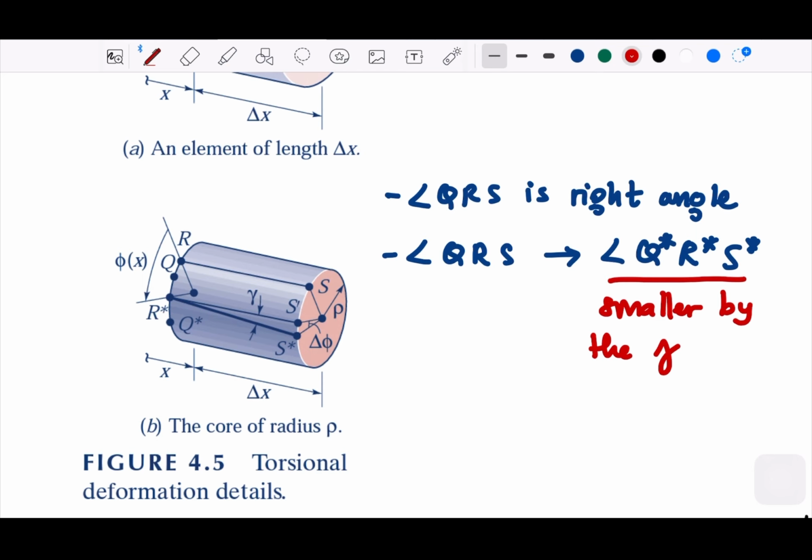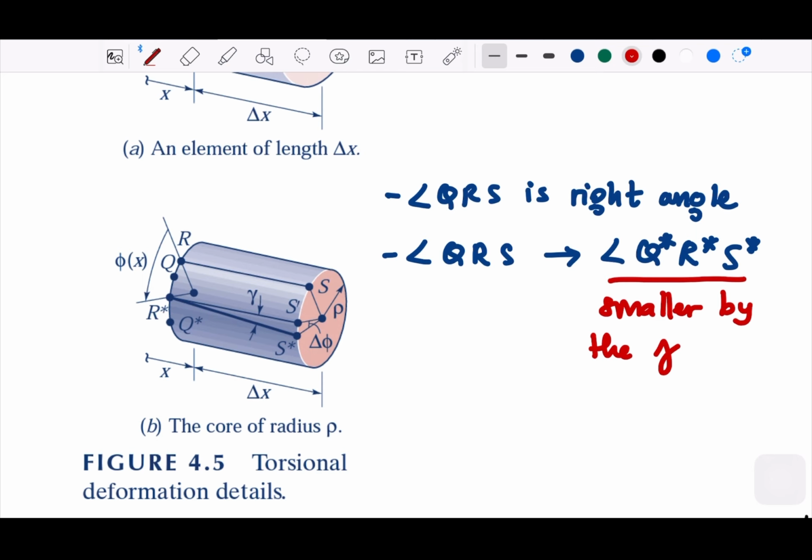So to know this strain angle, we take a line from the original line here, a line parallel to the original line, parallel to this, and we name this point S prime.